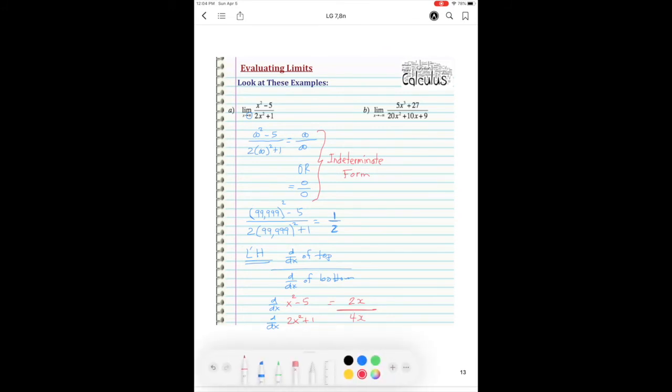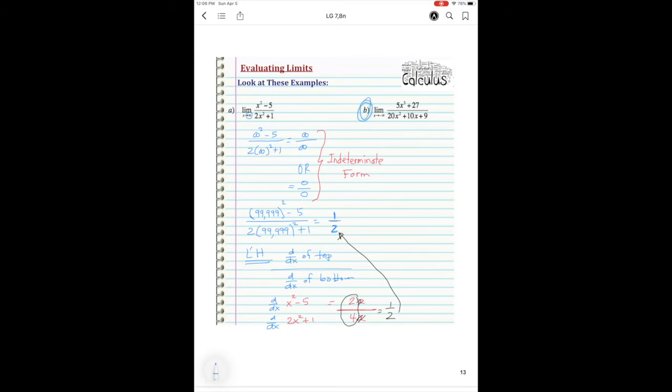Now, simplifying, these x's cancel out, and 2 over 4 reduces to 1/2. So that's how we can get a little slicker and quicker.